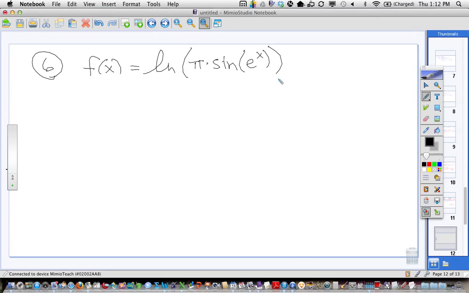Now, I forgot to rewrite our derivative rules. We'll do that here in a minute. But when we write our rules for ln, the derivative of ln x is no longer 1 over x.